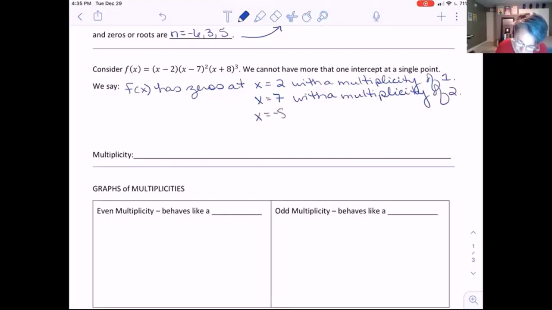And x equals negative 8 with a multiplicity of 3.